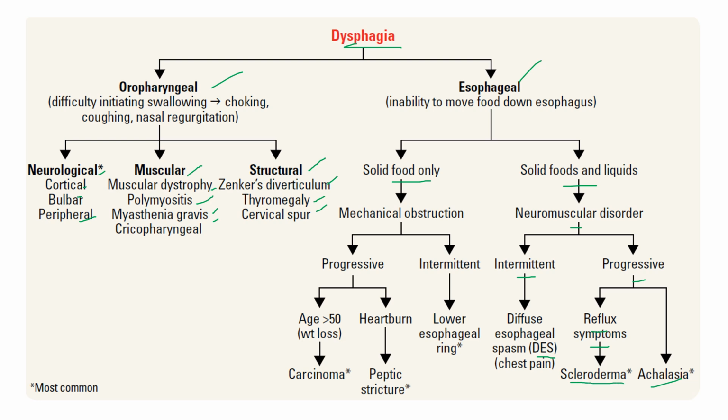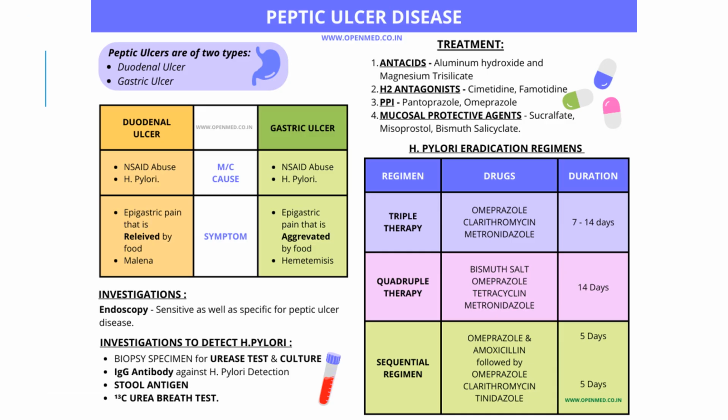So scleroderma can also present with dysphagia, and that is due to reflux symptoms. Now, dysphagia to solid food only may be due to mechanical obstruction like a lower esophageal ring, or progressive cases like peptic stricture or carcinoma, especially in a patient who is more than 50 and has a history of weight loss.